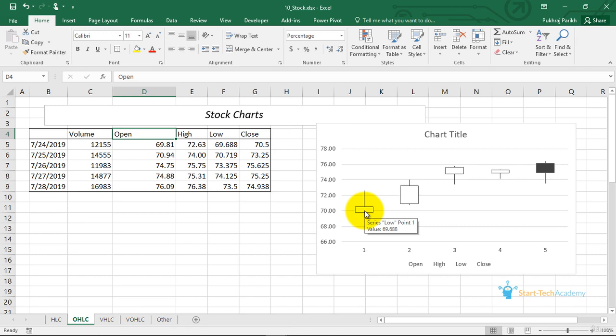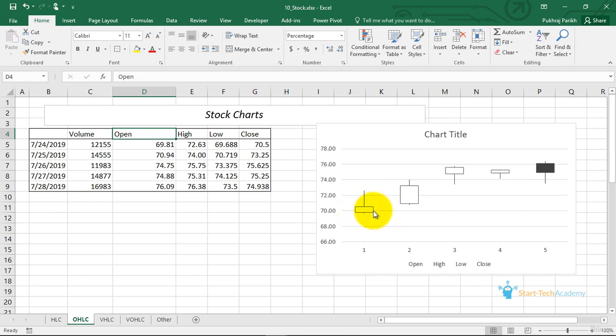If it is not in this order, you'll have to go to the select data option and correct it. So in this chart, the line is similar to the previous line. The ends of the lines are depicting the lowest and the highest value that the stock underwent that particular day.